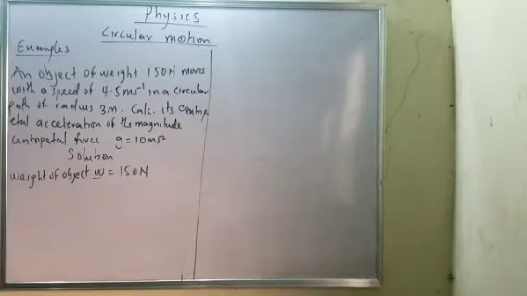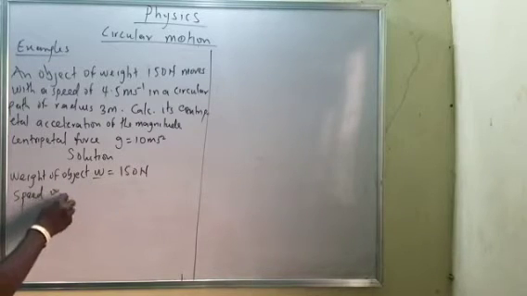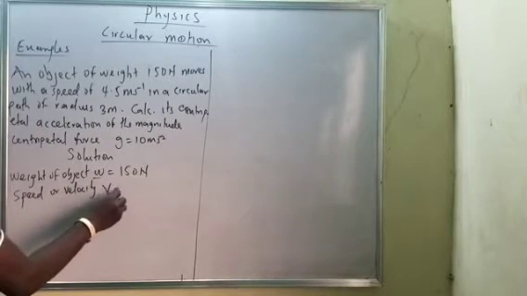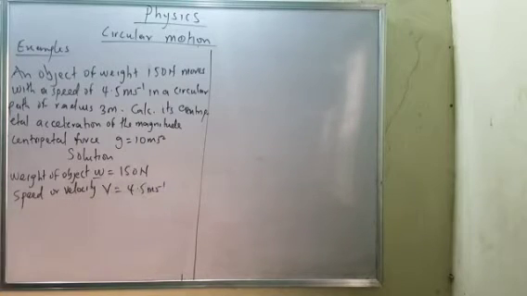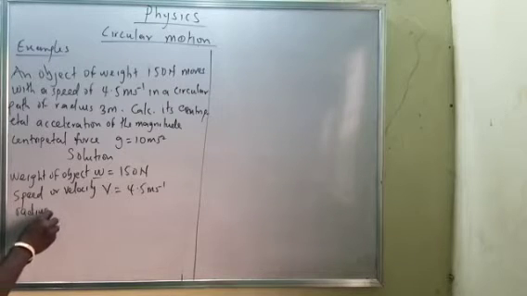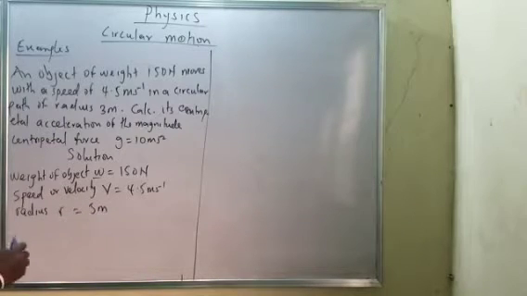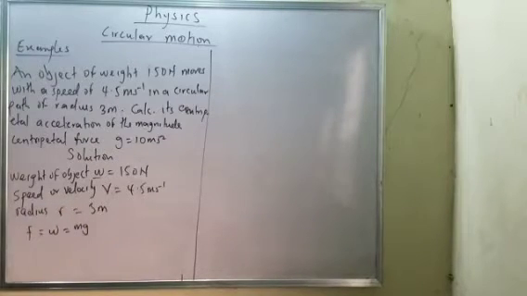The second one, I will call it speed or velocity, V, which equals 4.5 meters per second. The next thing is the radius, R, which equals 3 meters. We all know that force equals weight equals mg.